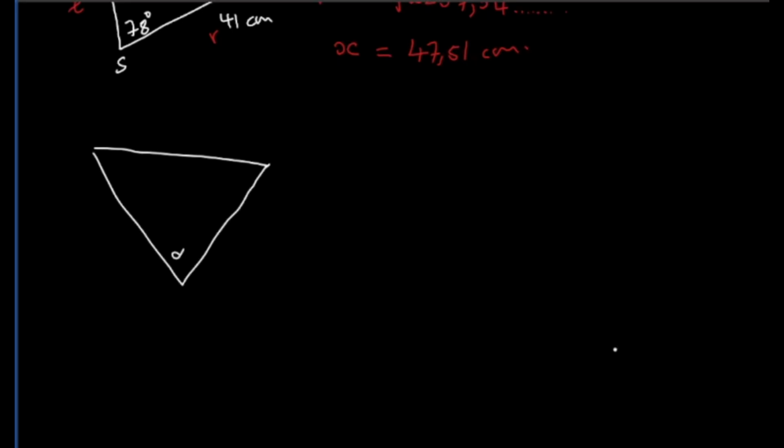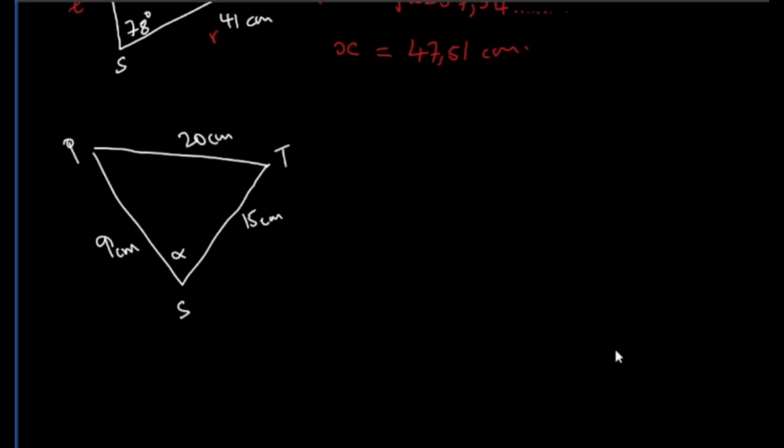So let's say this is alpha, and then we have this as 9 centimeters, let's call this 15 centimeters, and then this is 20. Most of the time when you have the angle, you'll be given 3 sides. Okay, so this is what we have, and then we are looking for alpha.